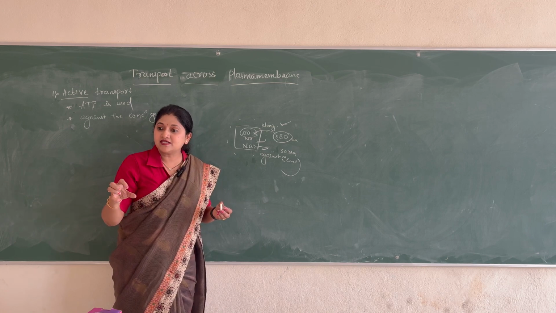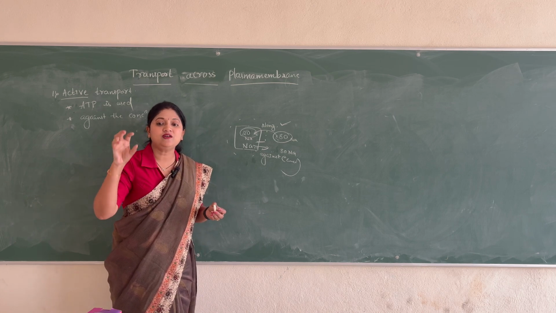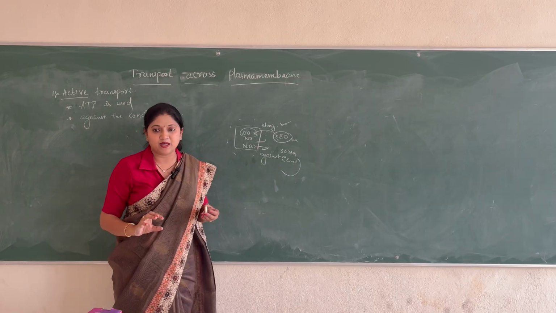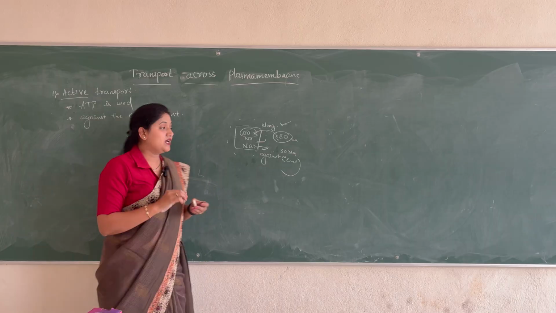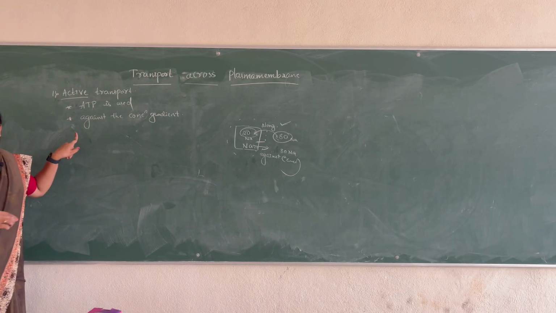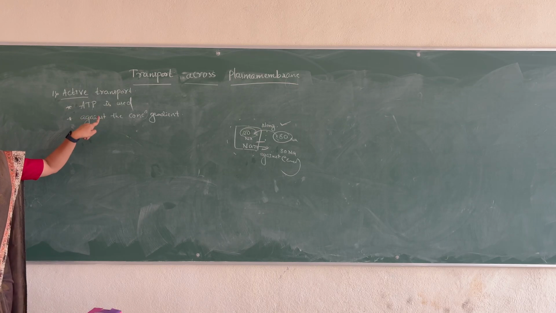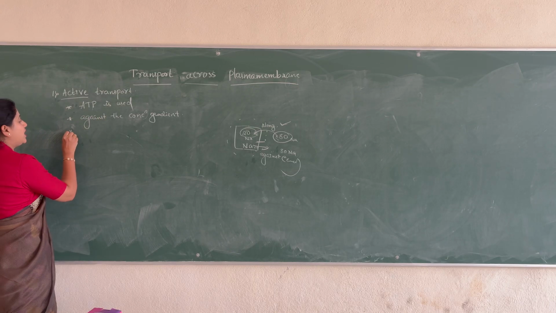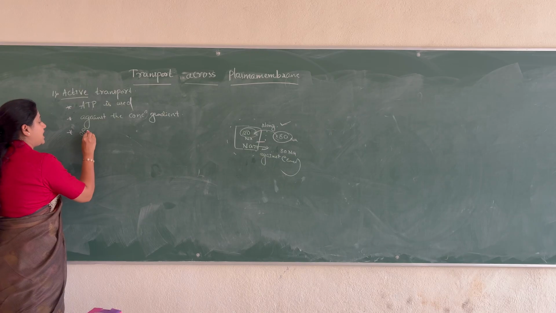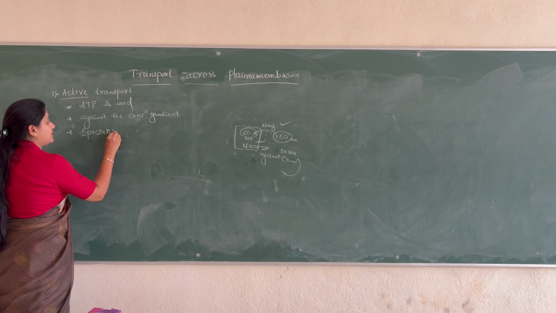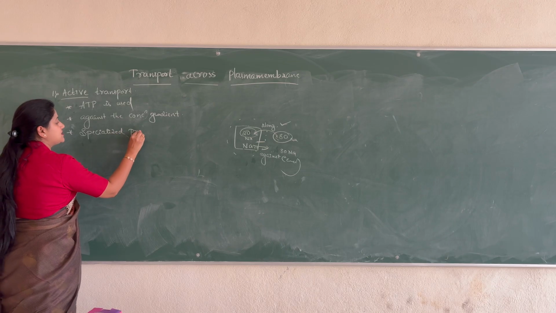So for this, there are special proteins which can pick the molecules and send it across the plasma membrane. So here, in case of the active transport, along with the ATP, there is also requirement of the specialized proteins.